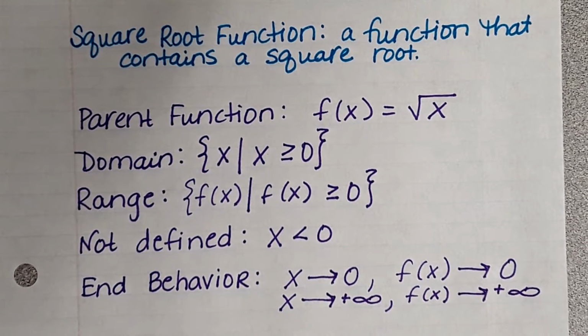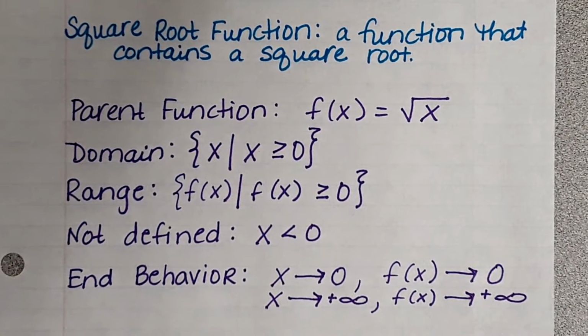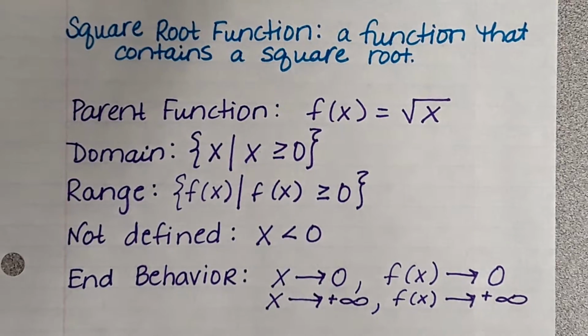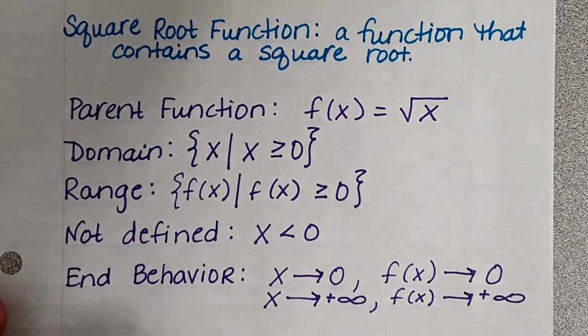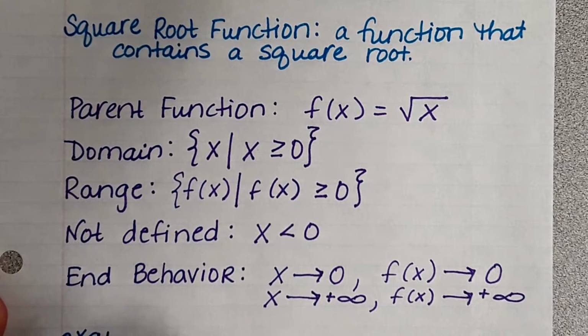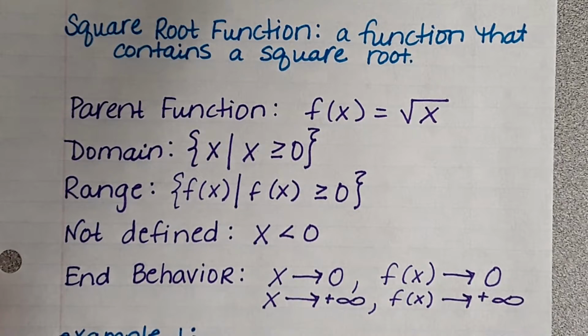So those are parent functions. So what we're going to do now is apply them to non-parent functions. Okay, so example 1. What we're going to focus on in example 1 is finding that domain, that range. We'll talk about where it's not defined, and we're going to talk about the starting point.